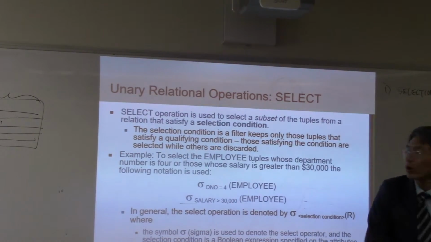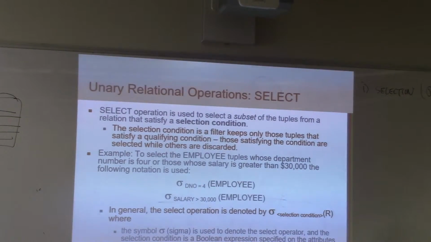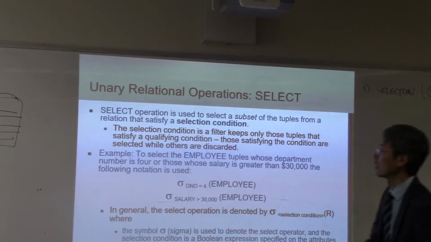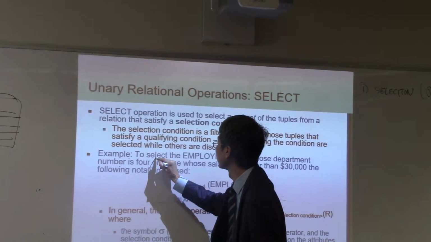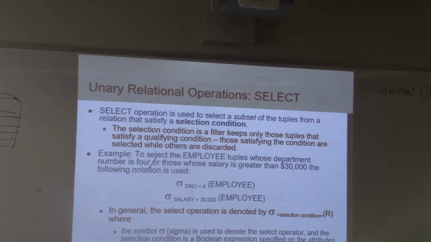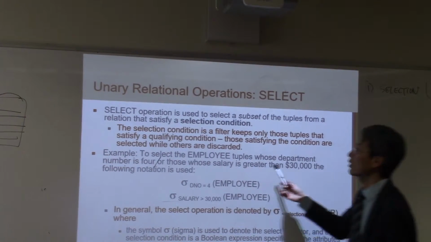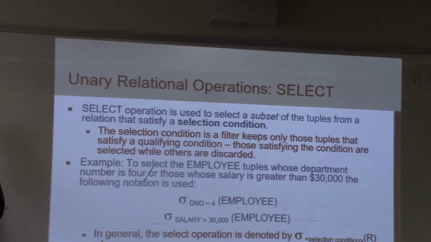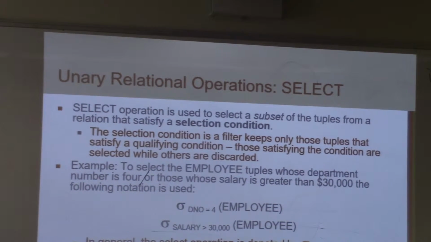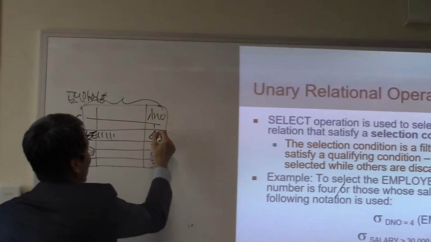Not all employees, but those whose department number is 4. I need to select the employee whose department number, there's a DNO 1, 5, 2, 5, 3, whose department number is 4.